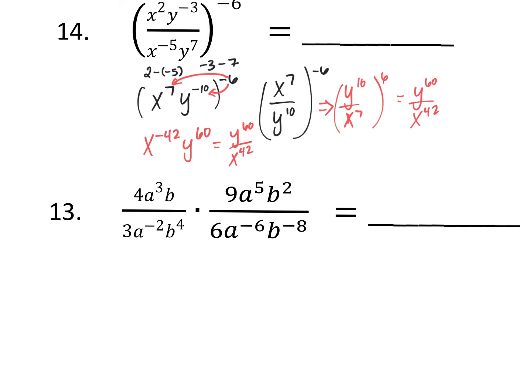All right, and then look at 13. Whoa. The 13's a lot of numbers. Now we're getting really down to what we need to be able to do for this class. Okay, can we really simplify the complicated ones? My recommendation, the way I like to do it, is simplify the top, multiply across the top, combine that, combine the bottom, and then simplify up and down.